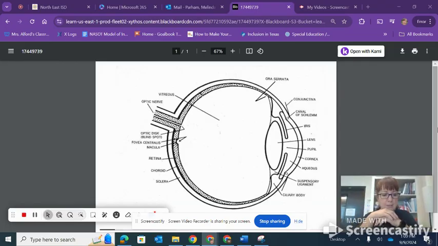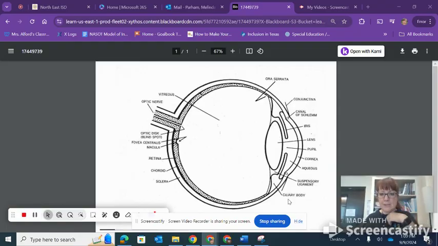If I can say it right, the ciliary body is where the muscles are that control the lens. So you see the lens is behind the iris and the pupil. The lens will become flatter or fatter depending on whether you're looking close or far away.